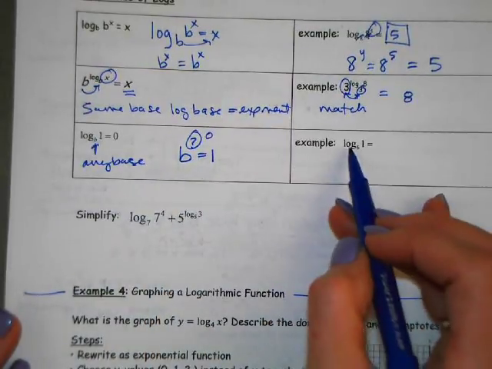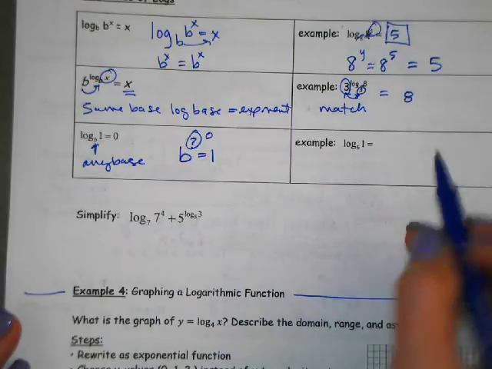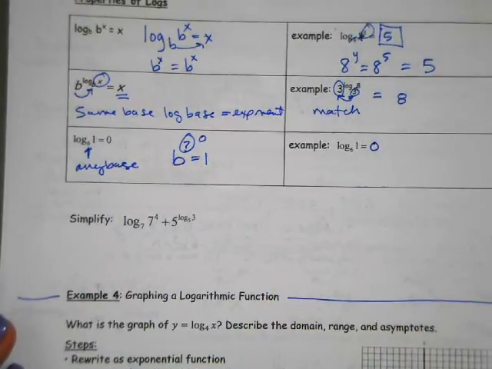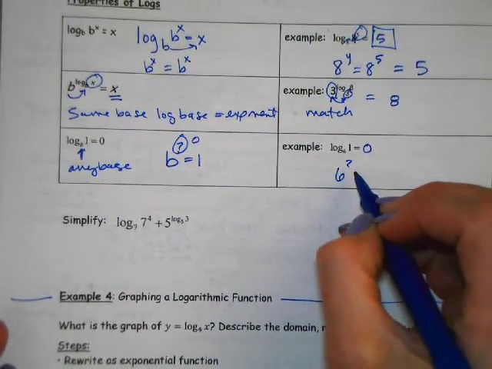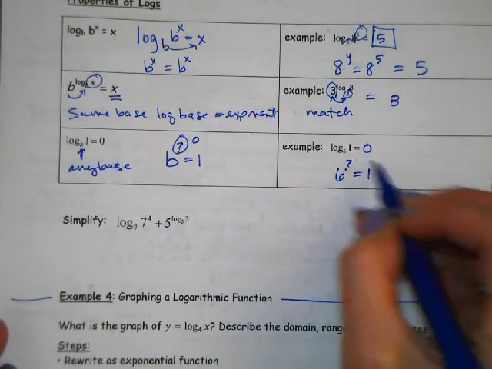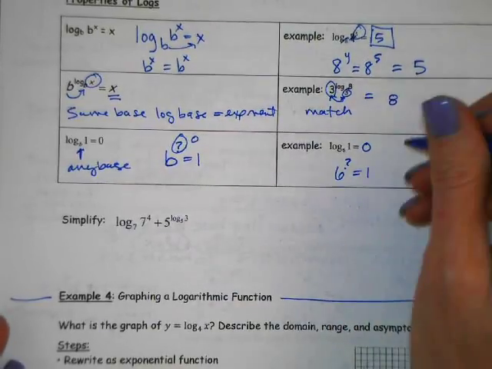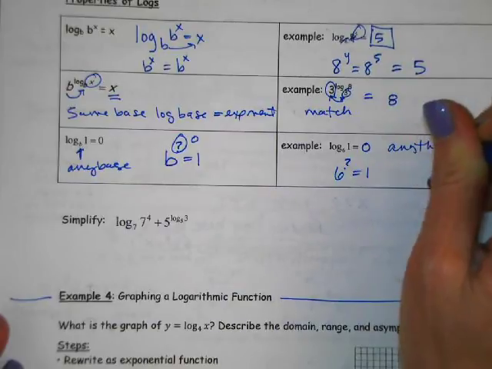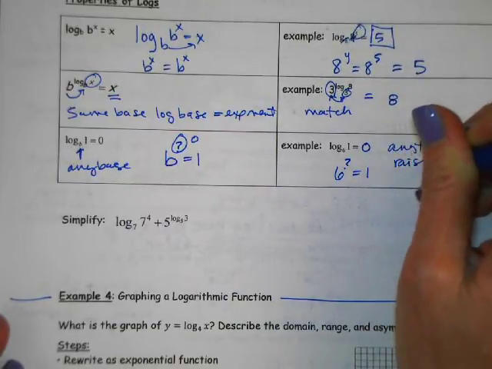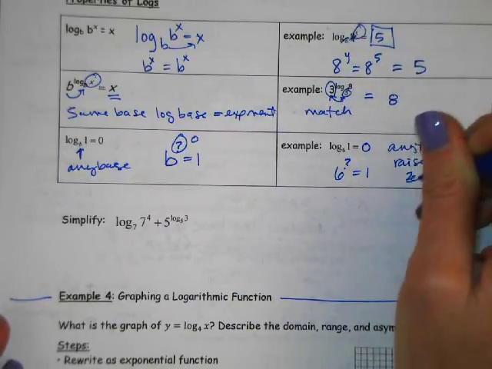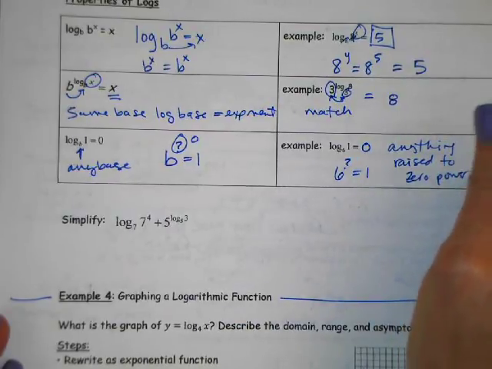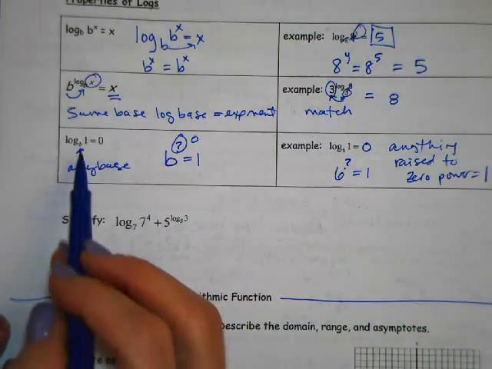So if I have a log base and it evaluates to 1, the answer will always be 0. Because this is 6 to the whatever equals 1. Well, anything raised to the 0 power gives you 1. Okay? I'm confused on the second one. Does this say any base? This is any base. So it can be any number.